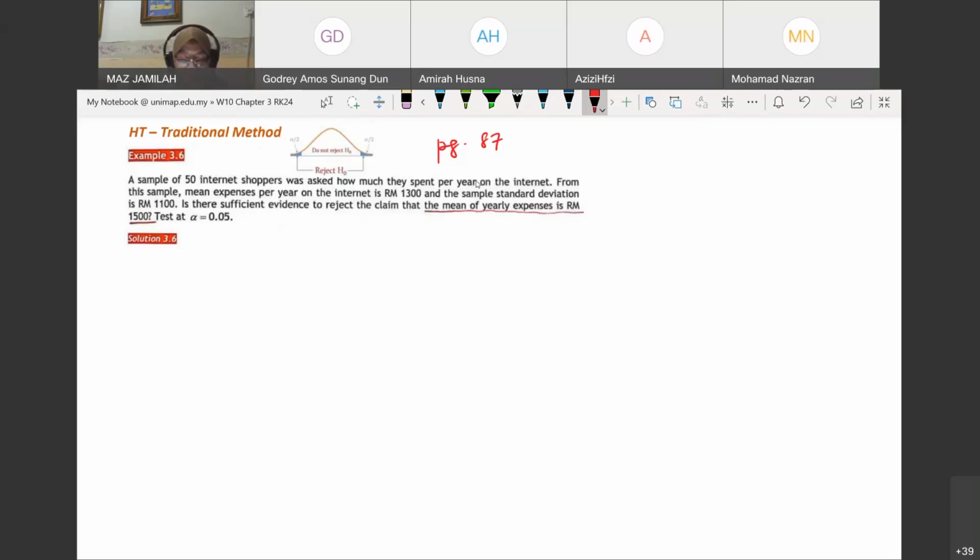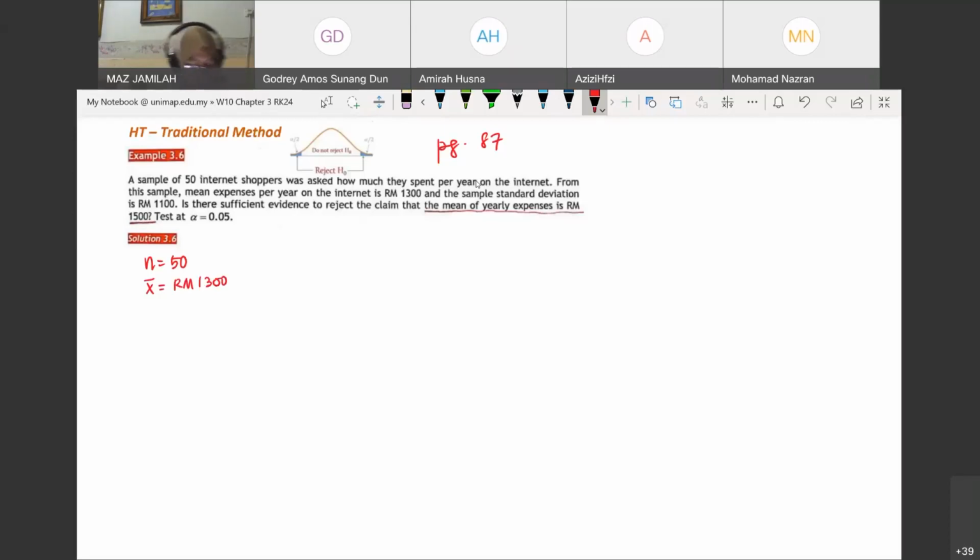to 0.05? Okay, when you read the question, first identify the given information. The first one given to you is your sample size, so n is equal to 50. Next, from this sample mean expenses, the given mean is x bar equal to RM 1,300.